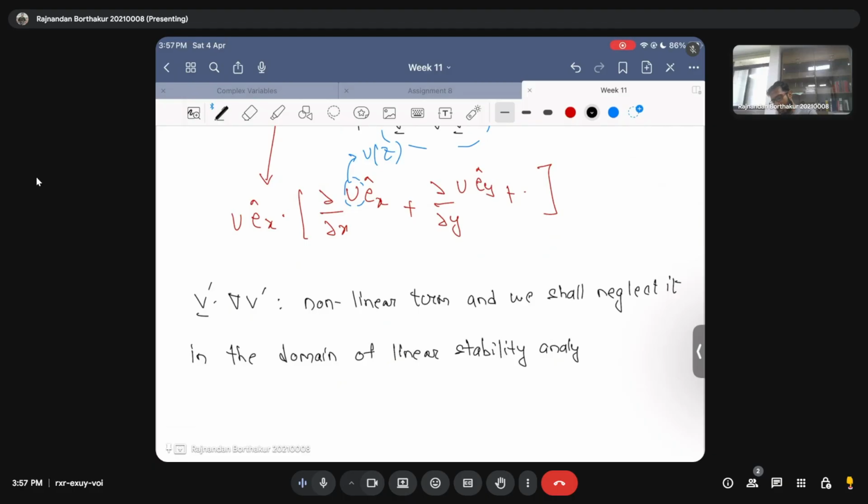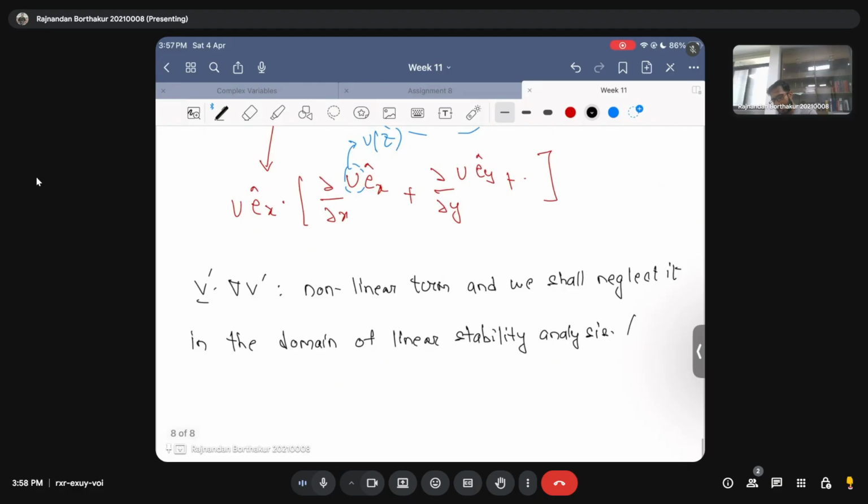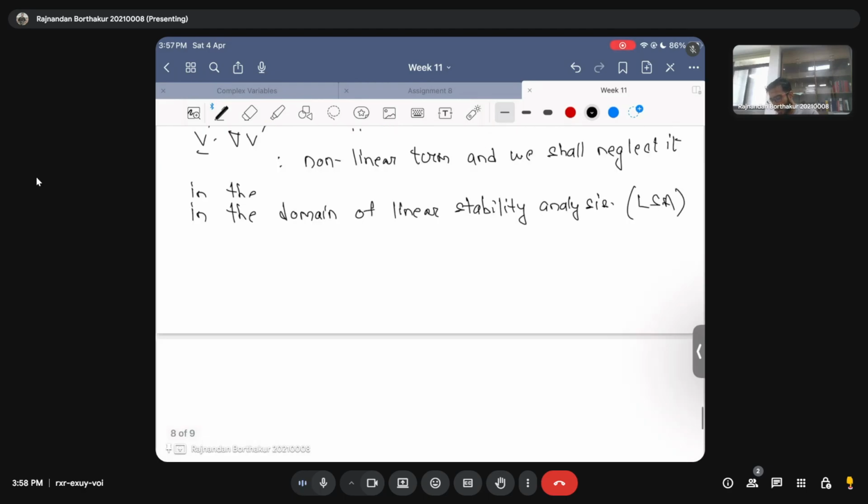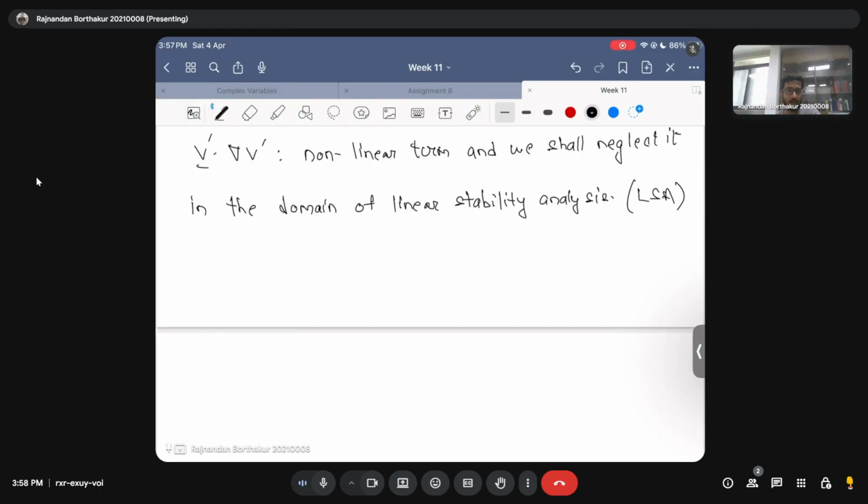And by the way, this linear stability analysis in the literature of instabilities is typically known as LSA. So when we say LSA, we will understand that this is linear stability analysis.